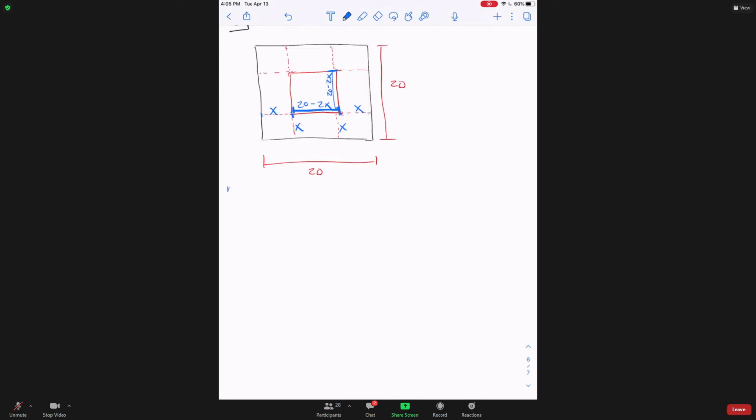And we're trying to maximize the volume. So that would be V equals the volume of a box, which is width times length times height. So here's the width, times the length, times the height. So the width, the length, and then the height is the flap that comes up.